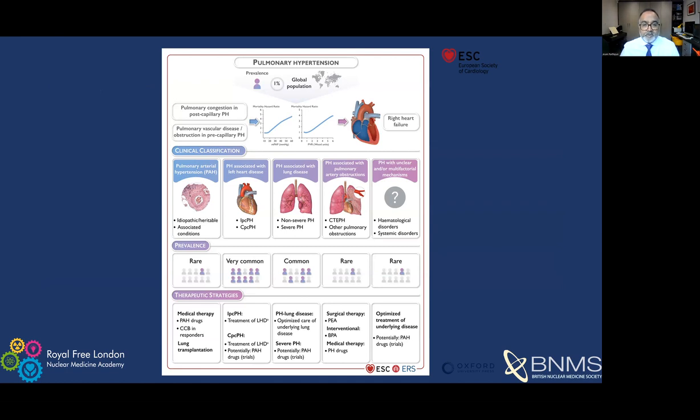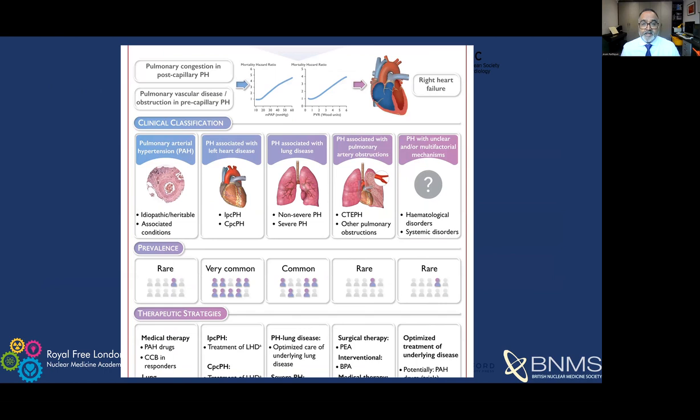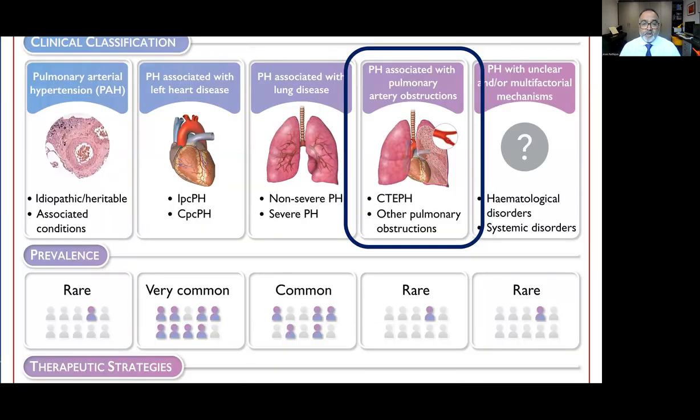The one we're really interested in is CTEPH, or pulmonary hypertension associated with chronic thromboembolic disease. And the other causes are pulmonary arterial hypertension, as I mentioned earlier. That's a rare cause. It's a discrete pathological entity, can be often idiopathic, can be inherited, and there are some other associated conditions with that.